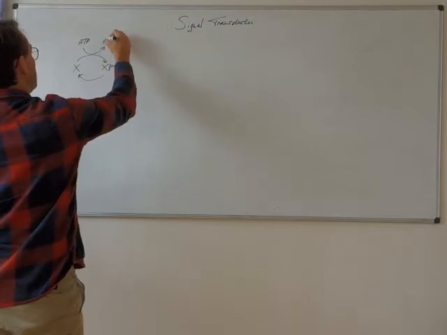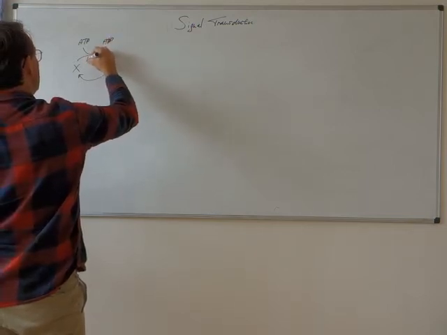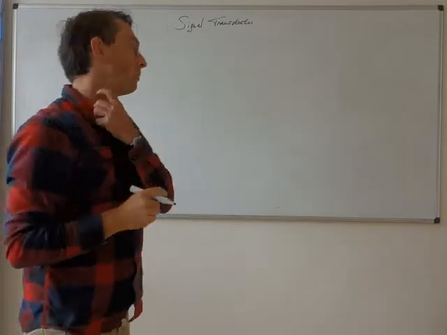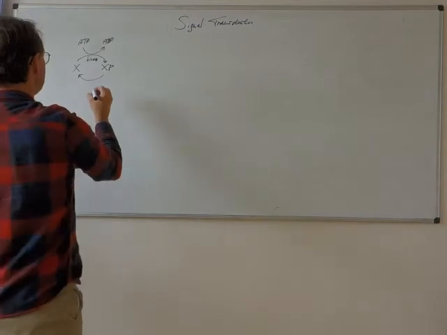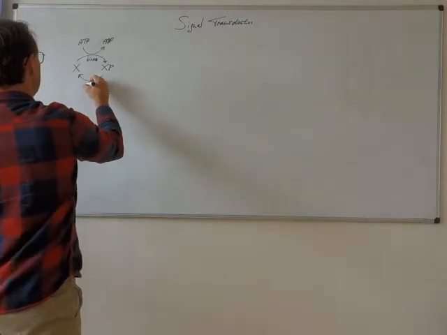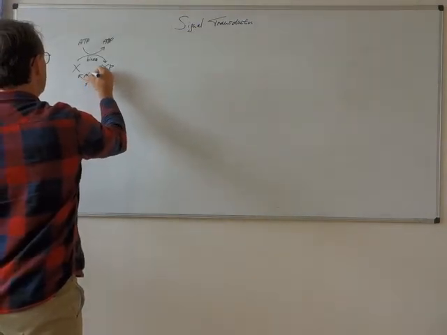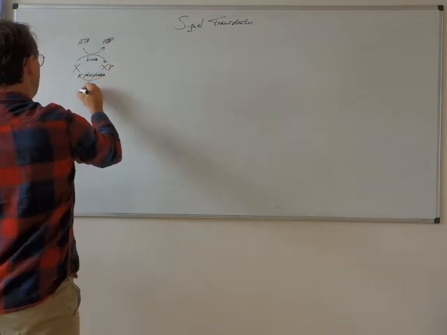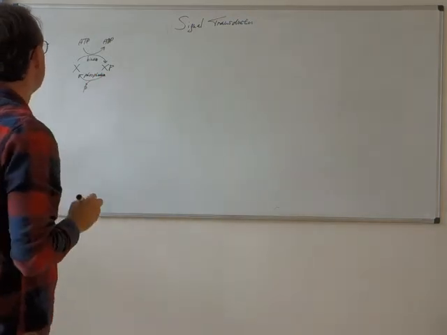So the kinase hydrolyzes ATP, and the resulting phosphate is added to the target protein, which we denote by X. And then there is a phosphatase that can deactivate protein X by removing the phosphate.